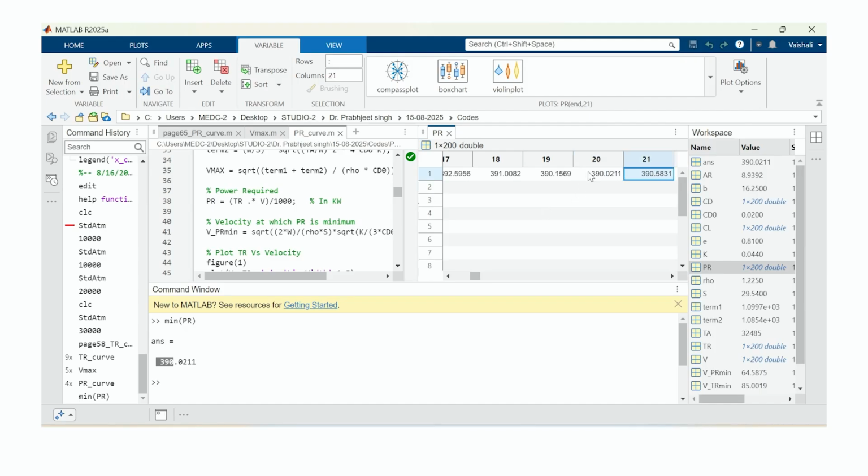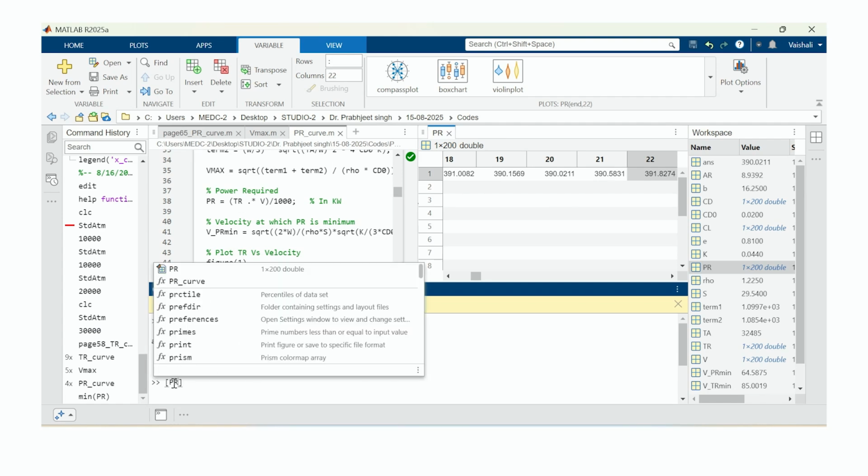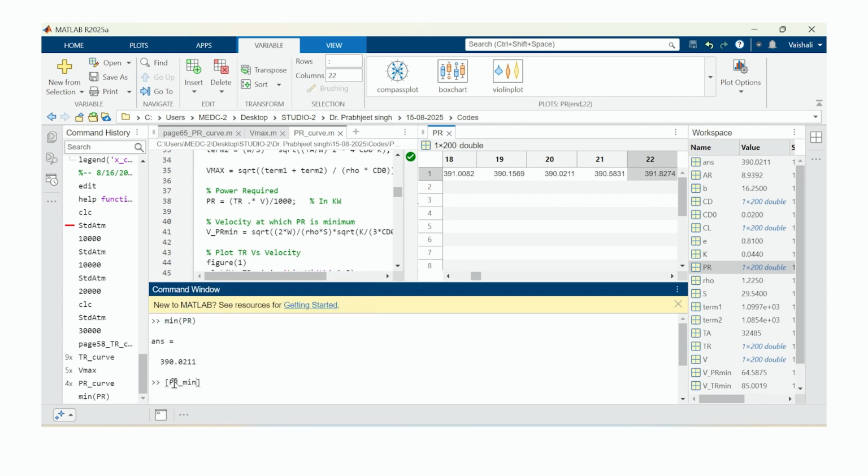Okay, this is around the index 20. Fine. Now let me save the index first. For that, the command uses the variable name power required minimum.